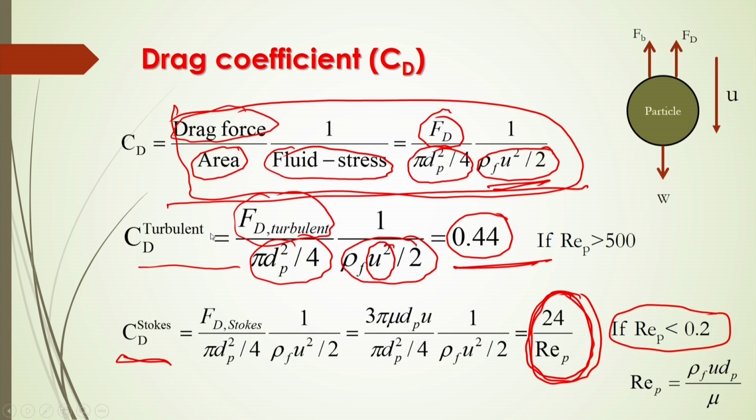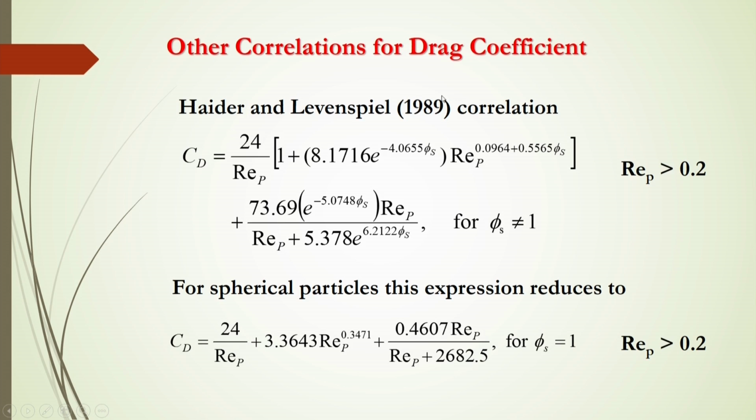Now, different authors have obtained different drag coefficients from their experimental data, and they made correlations in different ways to represent the drag coefficient. Here, Haider and Levenspiel, 1989, proposed a correlation for the drag coefficient.